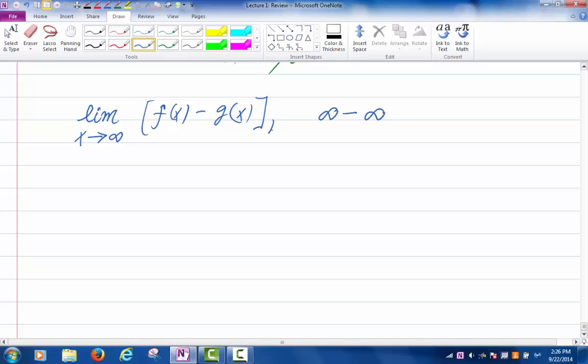Once again, no, because one of the terms might be going to infinity faster than the other one. So, for example, if I look at the limit as x goes to infinity of x minus x, does it have the form infinity minus infinity? Yeah. X goes to infinity, x goes to infinity. But what's the limit? 0, because x minus x is 0.